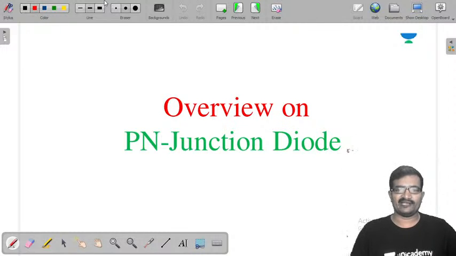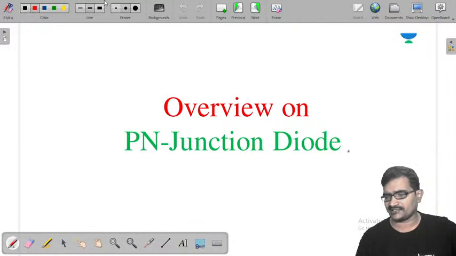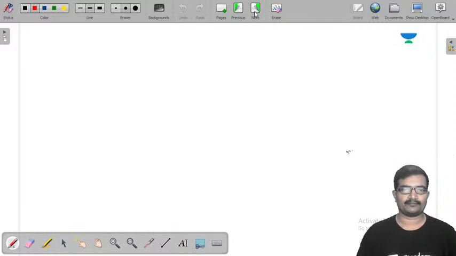Okay, overview on PN-Junction Diode. We start from how to create or manufacture a PN-Junction Diode.